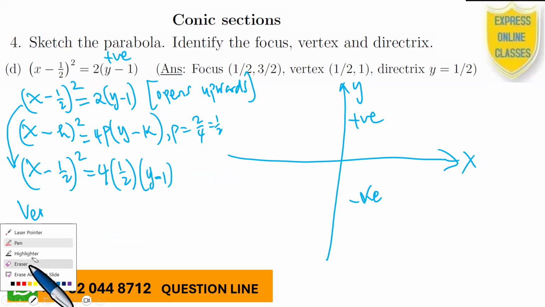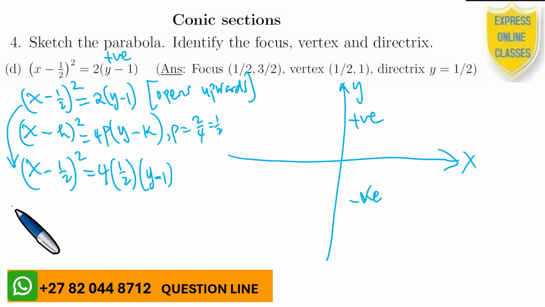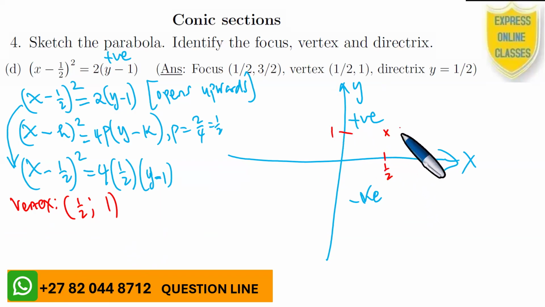So our vertex is the easiest one because it's already given from the equation. So the vertex is going to be x is 1/2 and then y is 1.